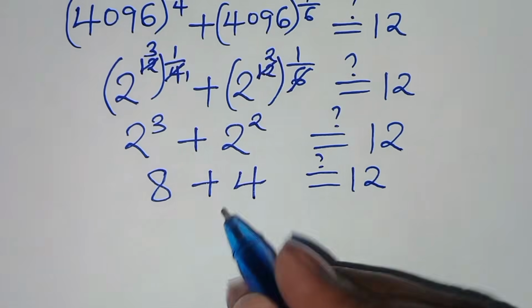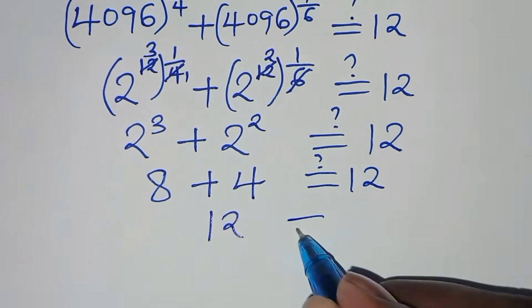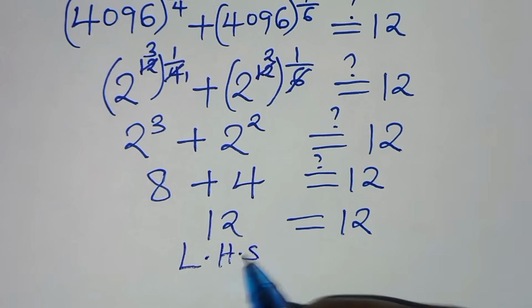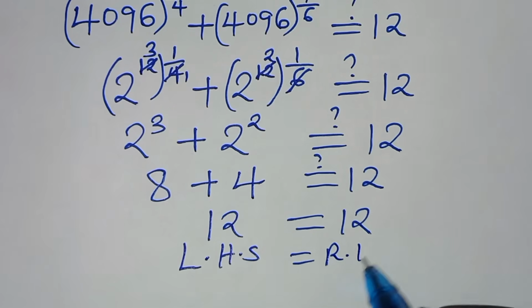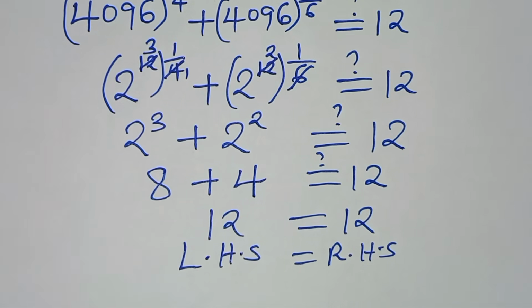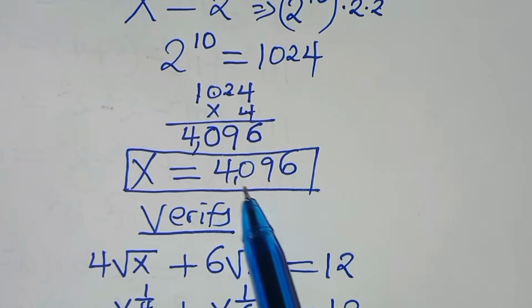So 8 plus 4 is equal to 12. This implies that the left hand side is equal to the right hand side, and this implies that the value of x, which is 4096, satisfies the equation.